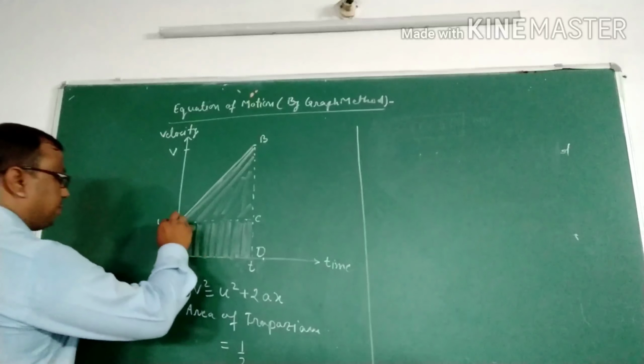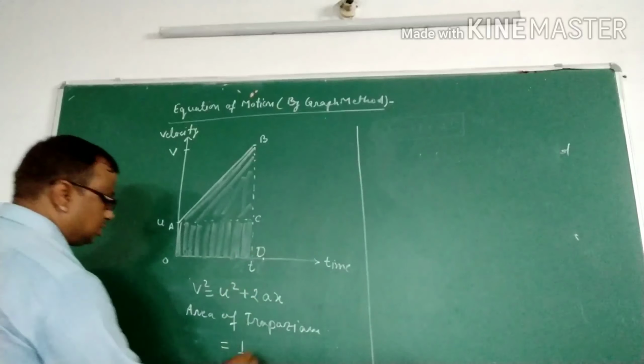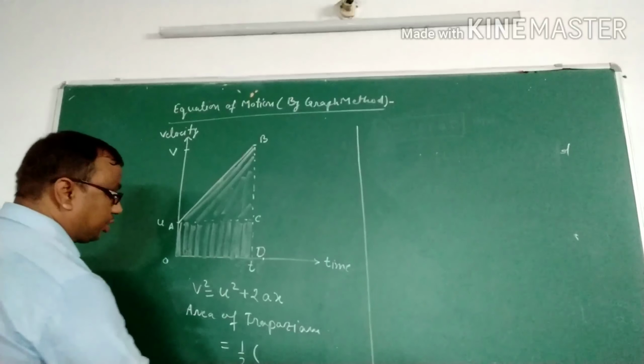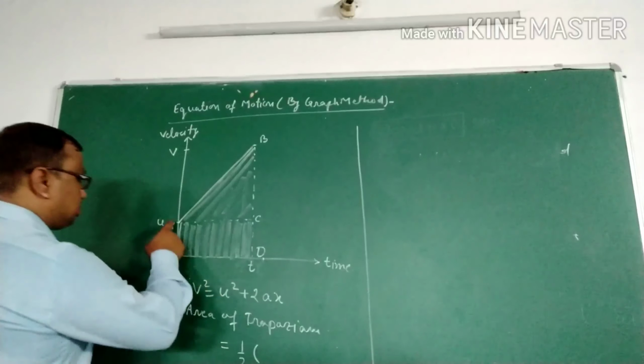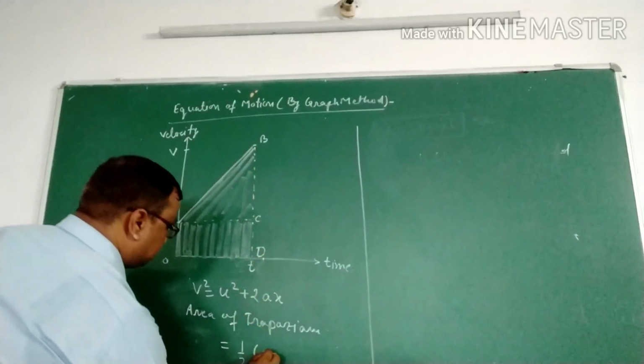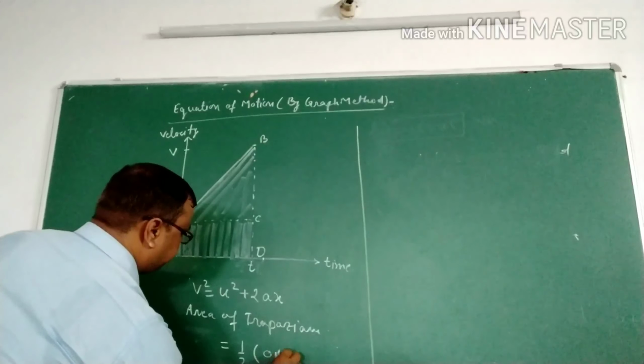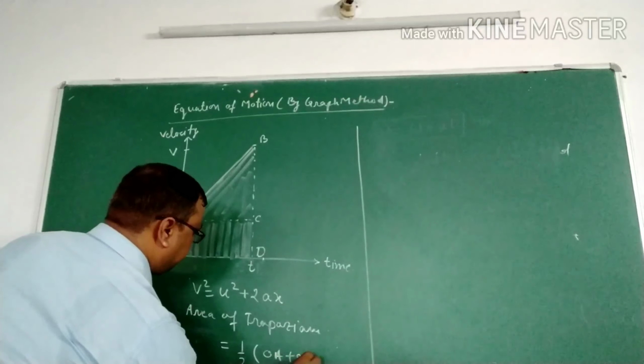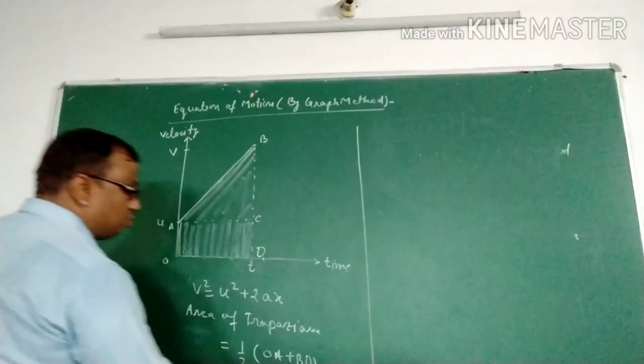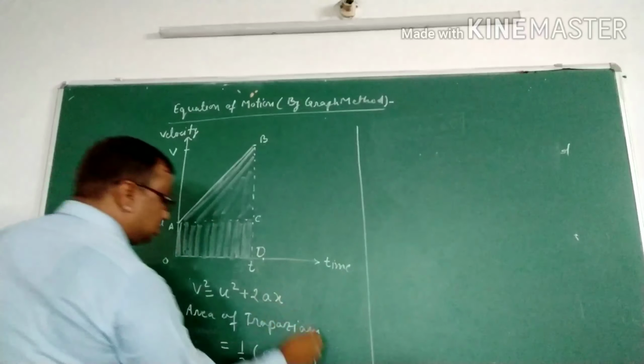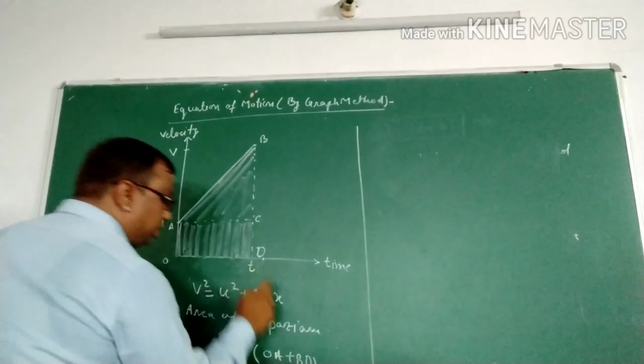Half, multiplication of parallel lines, addition of parallel lines. So the parallel lines are OA and BD. So OA plus BD into the perpendicular. The perpendicular is AC, or you can say OD.